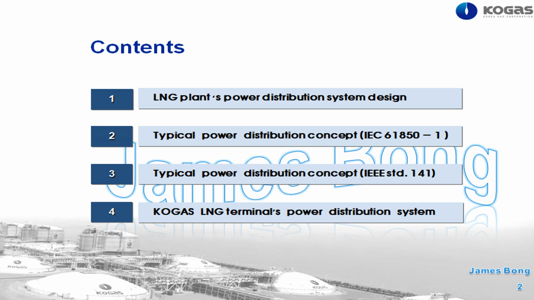The first, LNG plants power distribution system design. The second, typical power distribution concept in IEC 61936-1. The third, typical power distribution concept in IEEE standard 141. The last, KOGAS LNG terminals electric power distribution system.